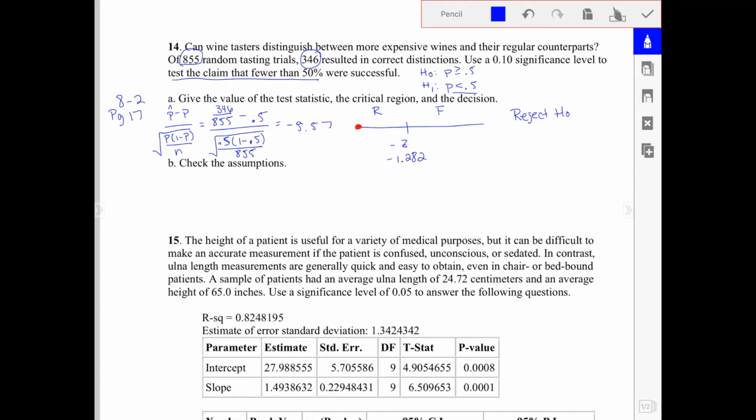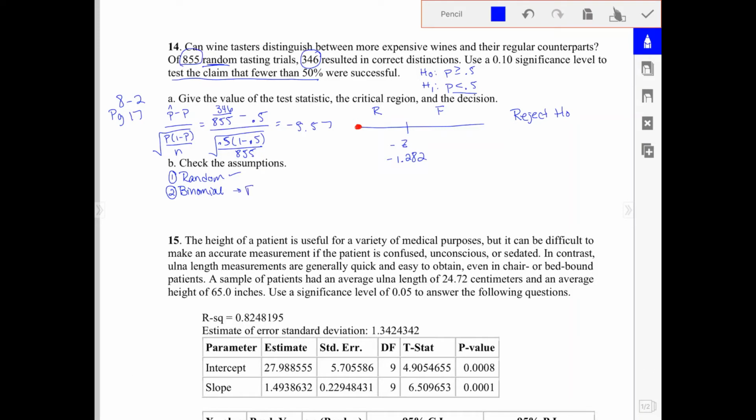Okay, part B does say to check the assumptions. So there are 3 assumptions when you are testing a proportion. First, it has to be random. So looking through here, yep, I got the word random, good. Second, it has to be binomial.